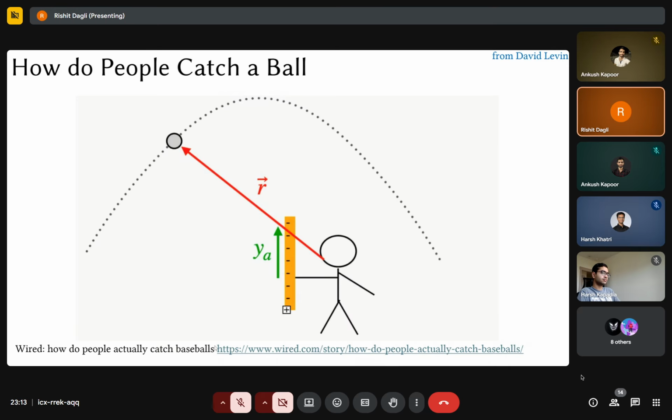But let's say I'm trying to simulate a person catching a ball on a computer. What I do is I parameterize the ball by all of these things that would happen. So gravity acts upon it, there's some velocity and all of these things, right? So that's how I parameterize the ball.